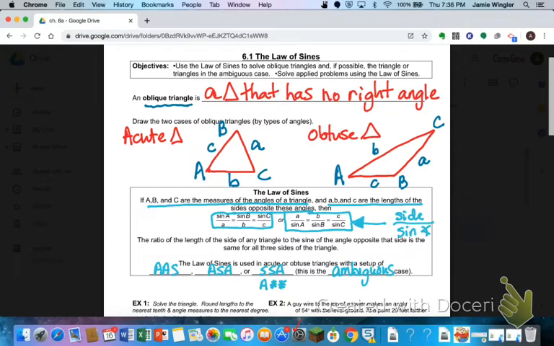The ambiguous case means that more than one triangle may be able to be drawn, and it creates some what-ifs on what the answers are.